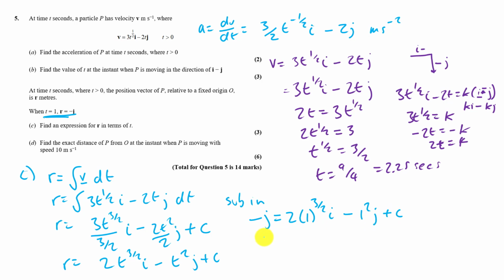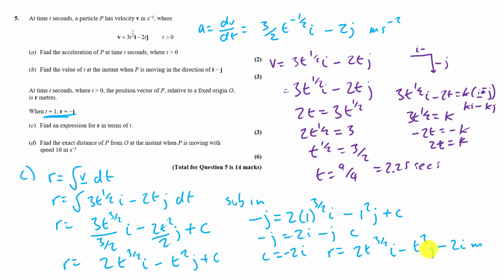And if we rearrange that, we get minus j plus j over, this is going to be 2i, this is minus j equals c. So c is going to be minus 2i, so be careful. And then we just write that down: j minus 2i, and that's in metres.